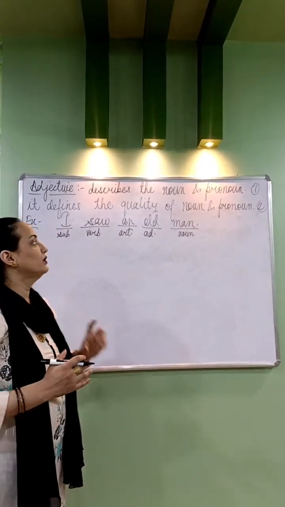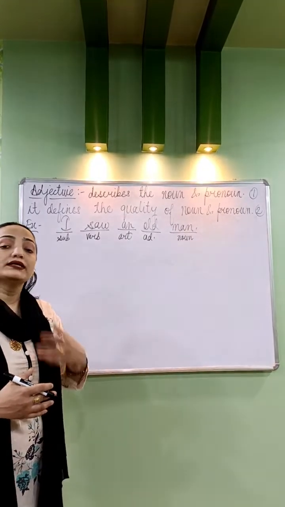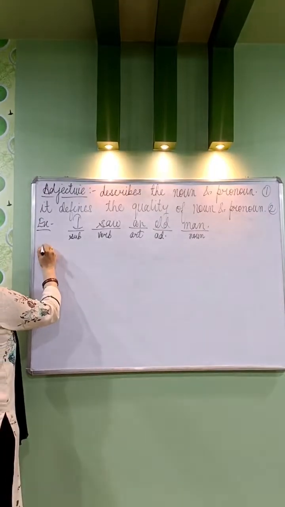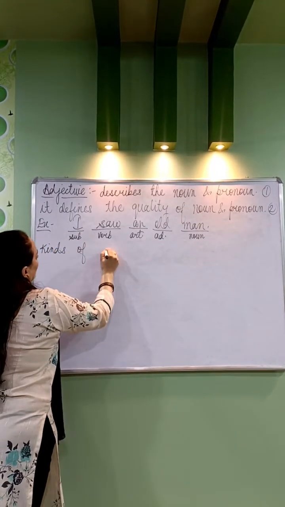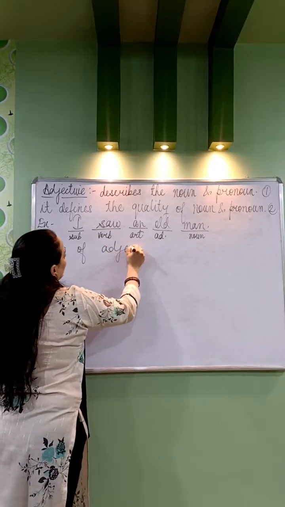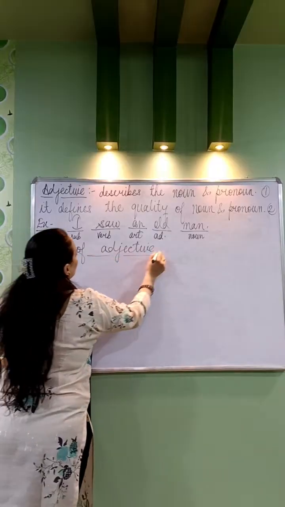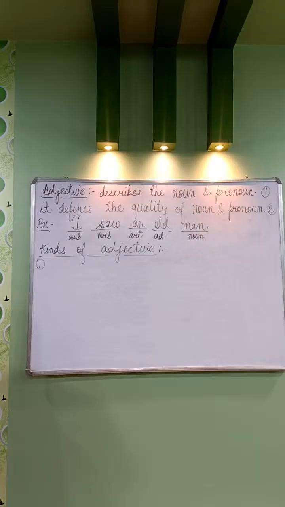Now, if I talk more about adjectives, they have their kinds. I'm mentioning here the kinds of adjective. Adjectives basically have 6 kinds.